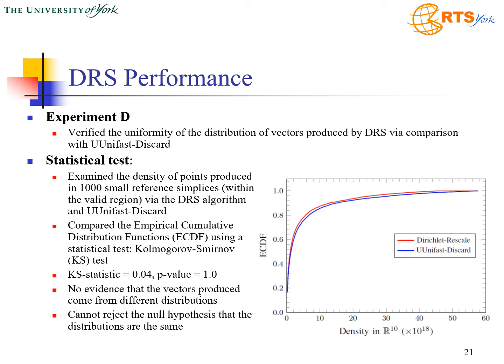We compared the empirical cumulative distribution functions using the KS test. This gave a KS statistic of 0.04 and the largest possible p-value of 1.0. This means that there's absolutely no evidence that the vectors produced come from different distributions, and so statistically speaking, we cannot reject the null hypothesis that the distributions are the same.